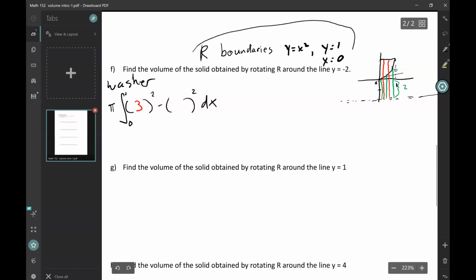And then from here to there, that is just the y coordinate of a point on this line. And we know that that point right there, for example, could be described as x comma x squared. So therefore, it looks to me like little r is going to be x squared plus 2.